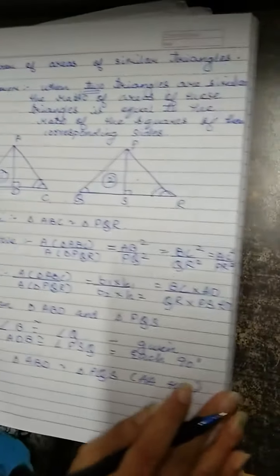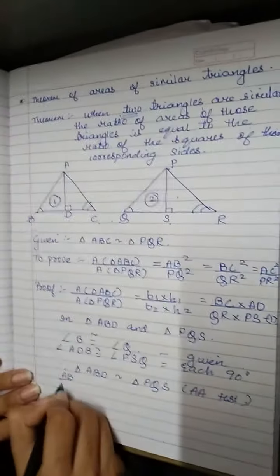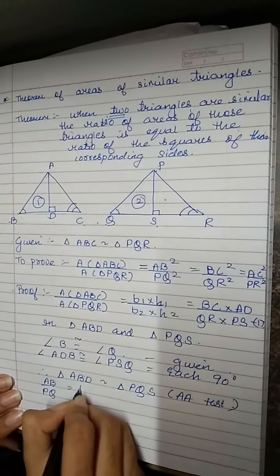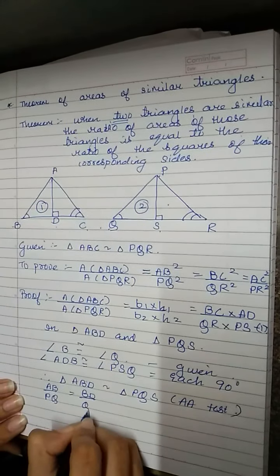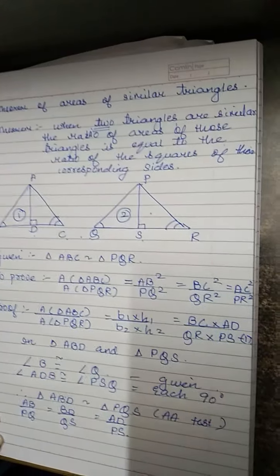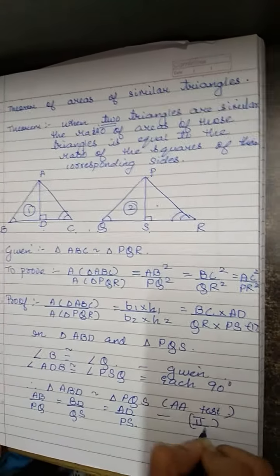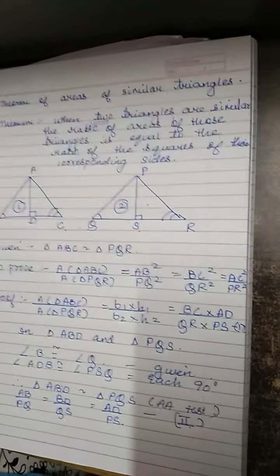Now if triangles are similar, we can consider their ratios, that is AB upon PQ, BD upon QS, and third part is AD upon PS. Let us consider this as equation 2.